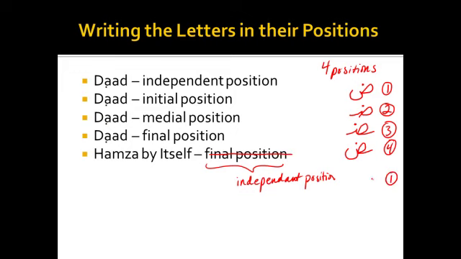So in number 1, we write the Hamza like this. Basically, it sits on the line, and you'll see that when we write the Hamza in the following pages, and when we write the Hamza in our word Rida.